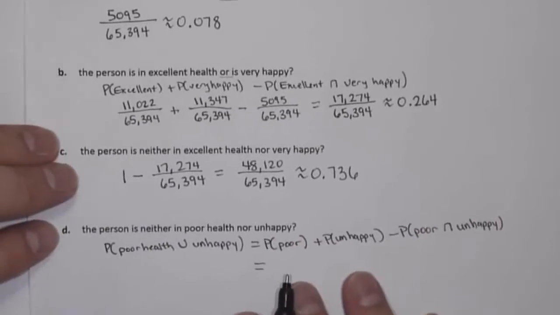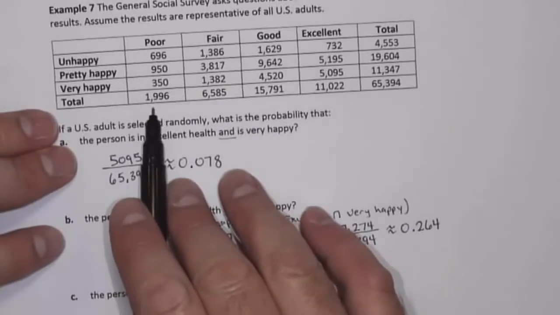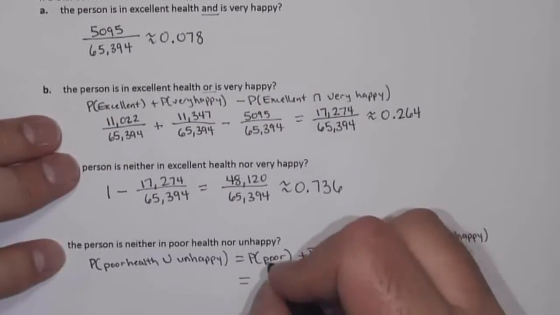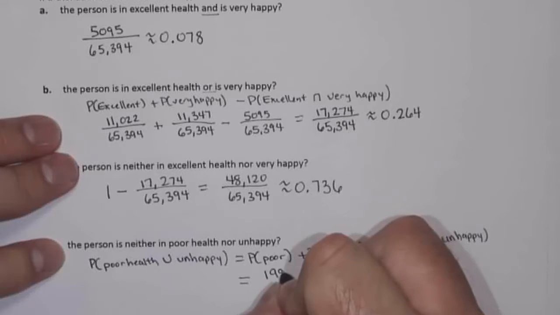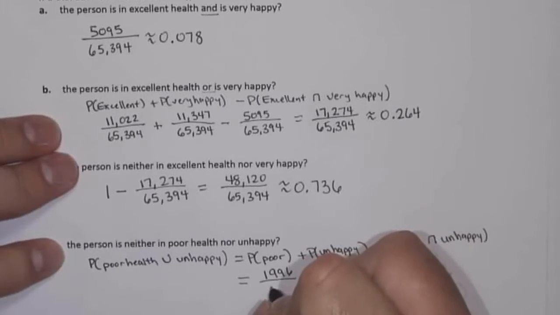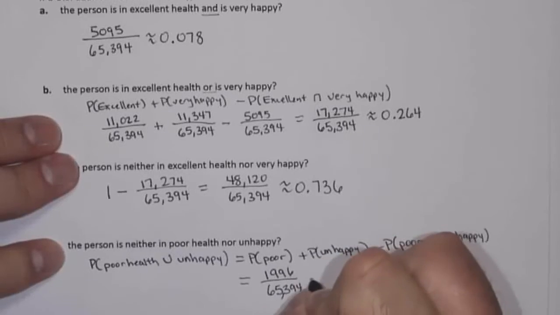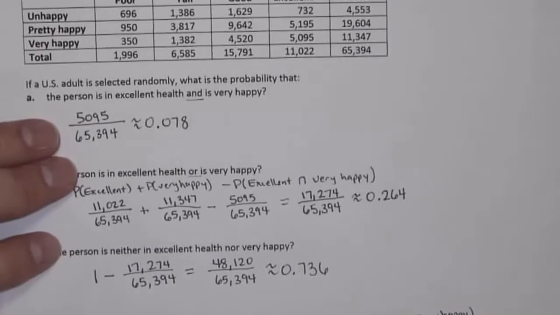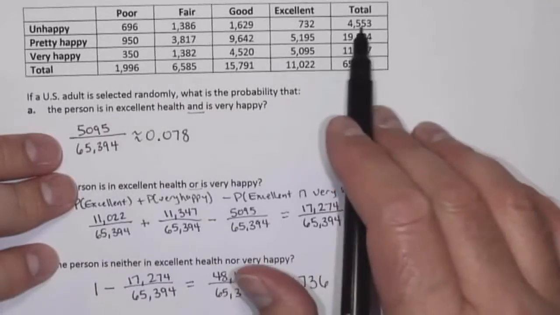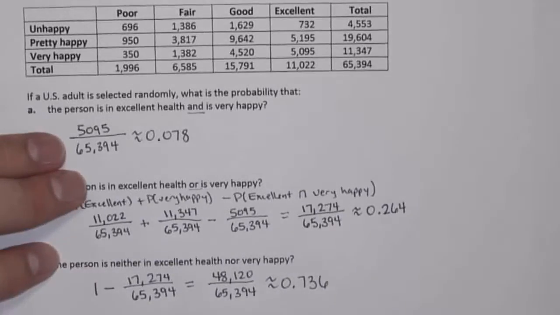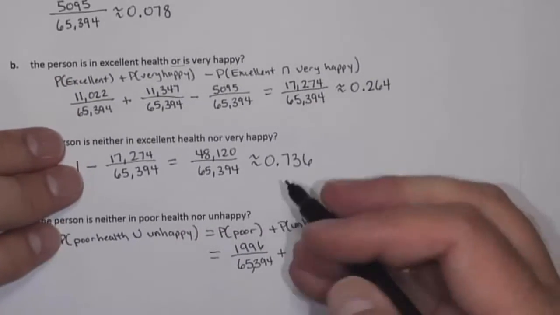So again, the probability of being in poor health is 1,996 out of the 65,394. So 1,996 out of 65,394 plus the probability of being unhappy, well, that is 4,553 out of the 65,394.